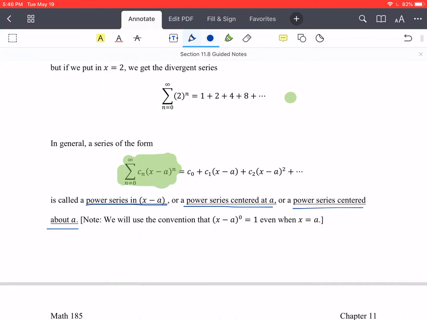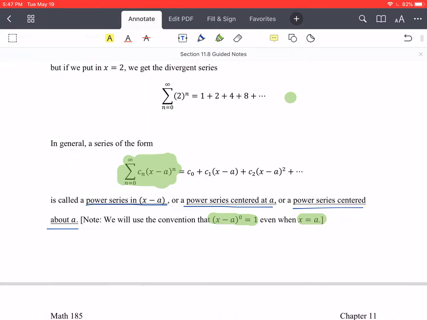Different ways of saying the same thing, but this is the general form of the power series that we look at. We are going to use the convention that x minus a to the 0 equals 1, even when x equals a.